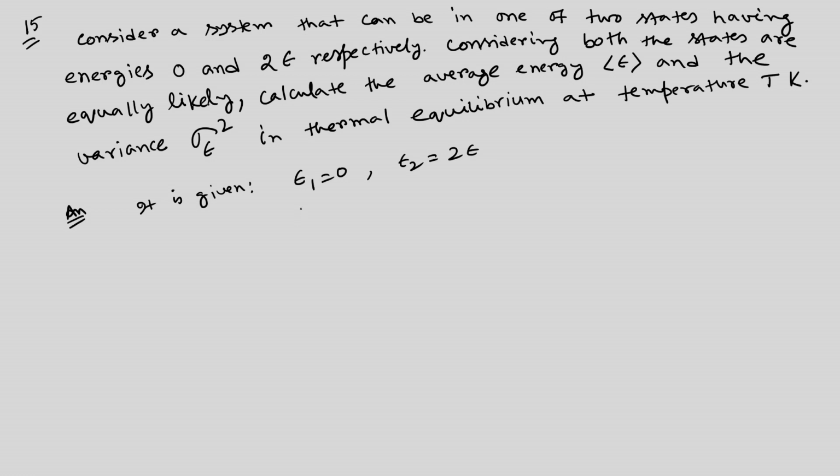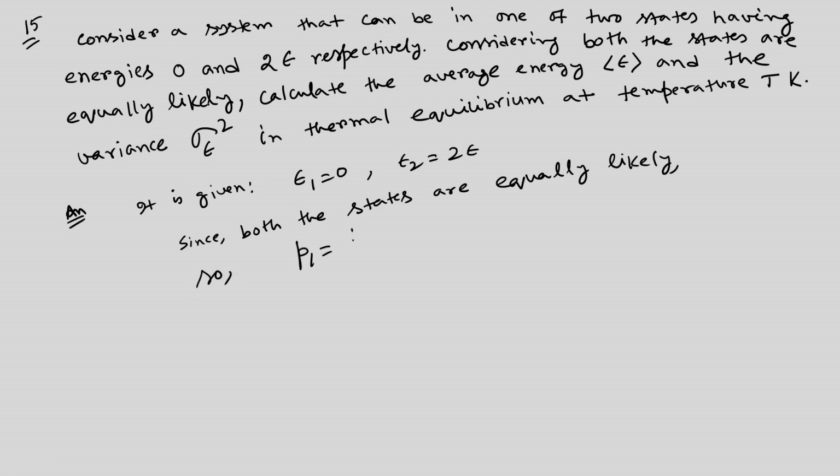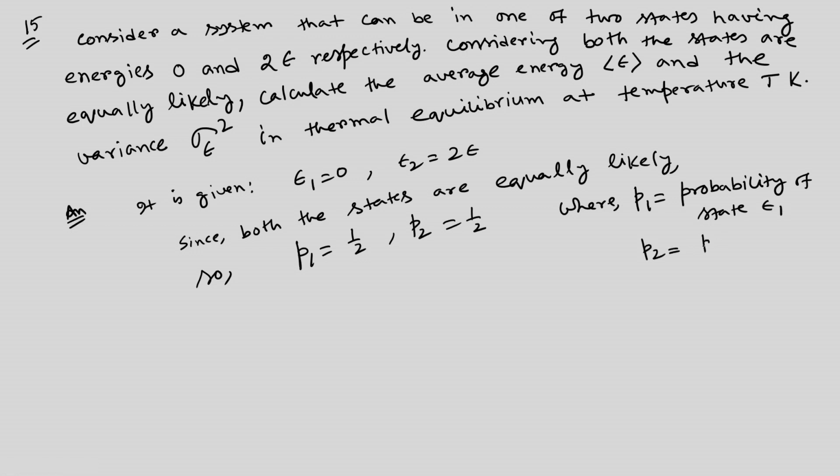And since both the states are equally likely, probability P1 equals half and P2 equals half, where P1 is the probability of state epsilon 1 and P2 is the probability of state epsilon 2. Okay, so we need to calculate the average energy.